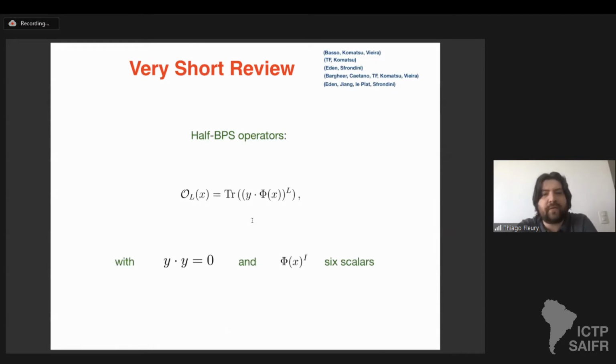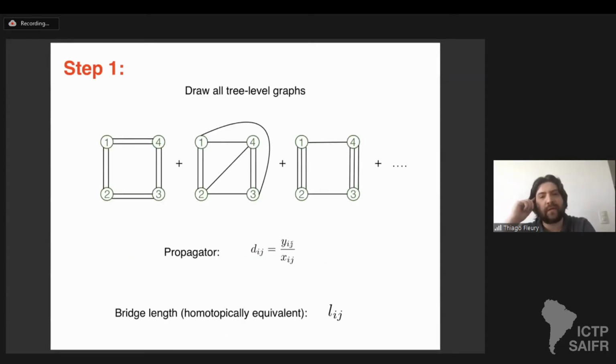So, starting with a very, very short review of the construction. I just mention that everywhere in this talk, I will be dealing with half BPS operators. These operators are characterized by a position and by a null vector. And this phi here, so they are scalar operators. So step one of the procedure starts at tree level and basically draws all the tree-level graphs.